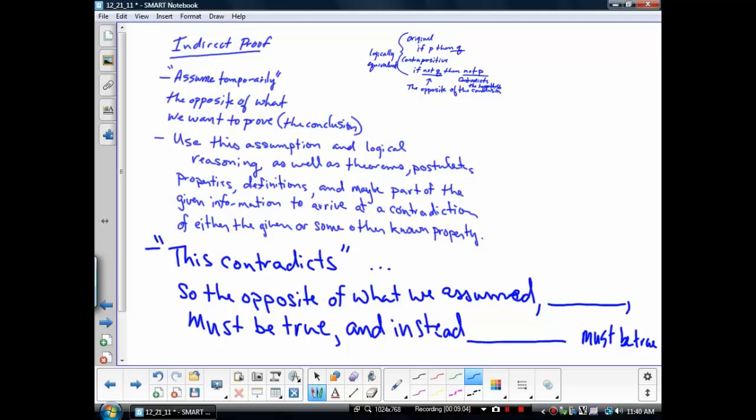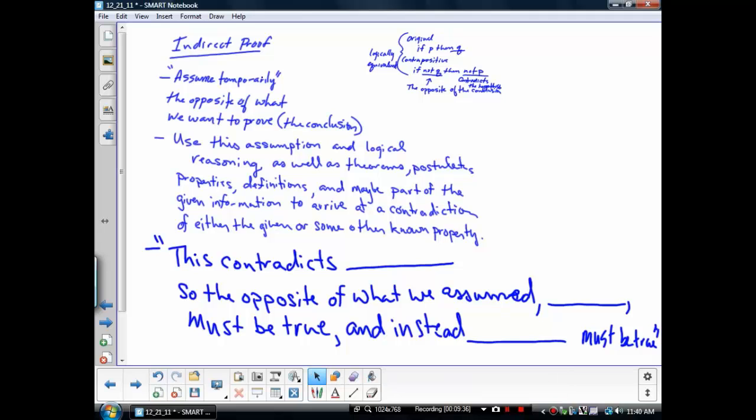So if I erase this other quotation mark, I could put a blank spot. This contradicts on whatever information. So the opposite of what we assumed, fill in your assumption there, must be true, and instead, what you want to prove must be true. And in quotation, this is just about exactly what your last sentence, which is the conclusion of your proof, will be.